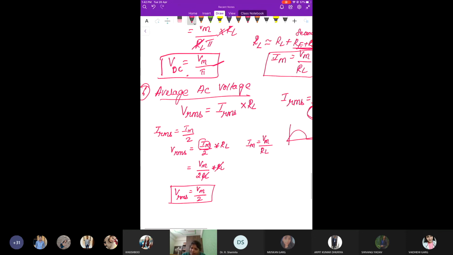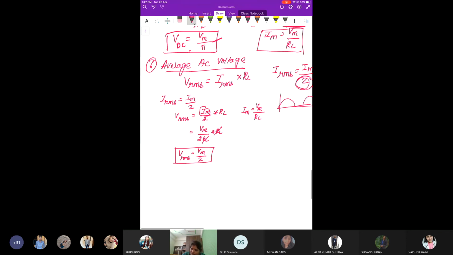Next, we are going to measure the peak inverse voltage, that is nothing but PIV. The PIV is your peak inverse voltage. Generally, the peak inverse voltage of a rectifier is equal to Vm.